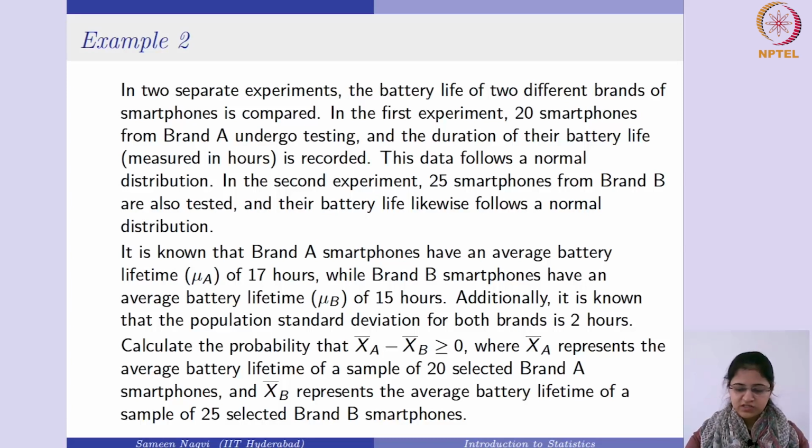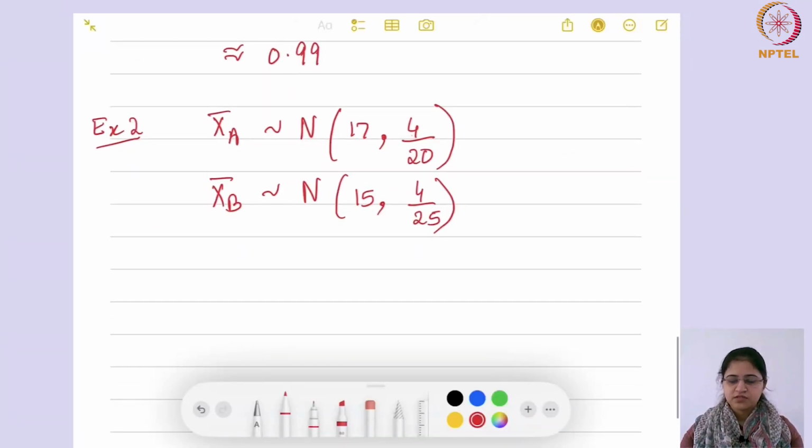Since your standard deviation is given as 2, the variance would be 4, so the variance of x a bar is 4 by 20. Similarly, x b bar is normally distributed with mean 15 and variance 4 by 25. This is what is given to us.